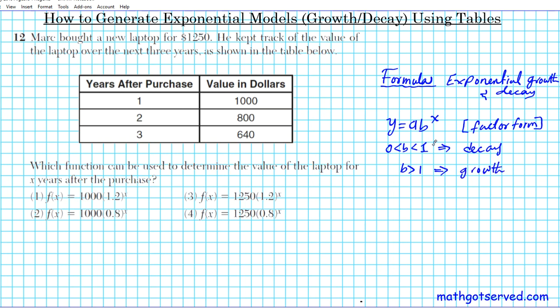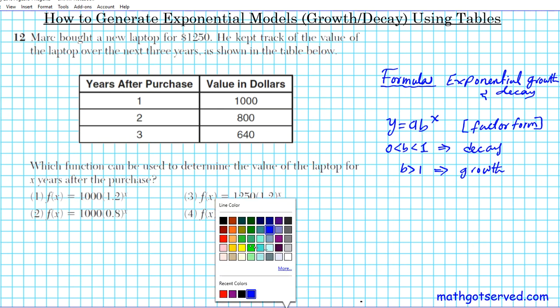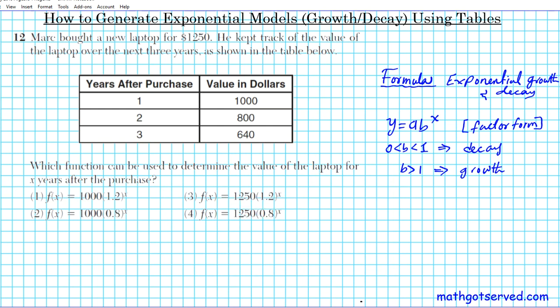Alright, so the value of the growth or decay factor basically tells us if it's going to be a growth or decay situation. So b is your growth or decay factor. That's why it's called a factor form.